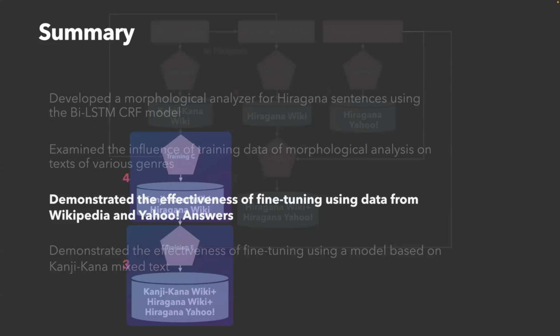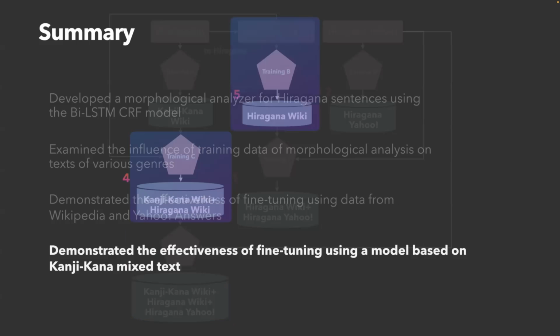Furthermore, we showed the effectiveness of fine-tuning using data from Wikipedia and Yahoo Answers. We also showed the effectiveness of fine-tuning using a model with Kanji Kana mixed sentences.